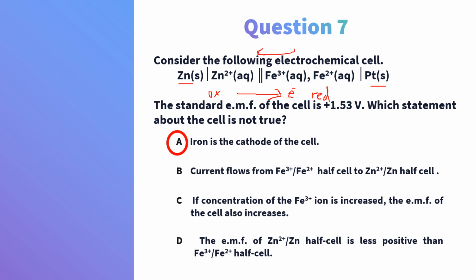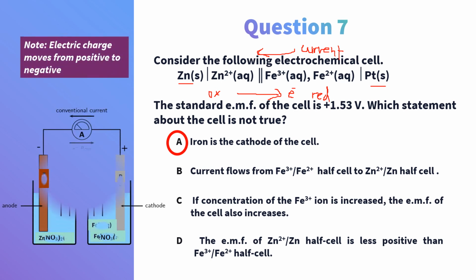The flow of current is opposite to the electrons. So the current flows from right to left, from the iron half cell to the zinc half cell. Okay, so electric charge moves from positive to negative, so it's opposite to the electron flow.